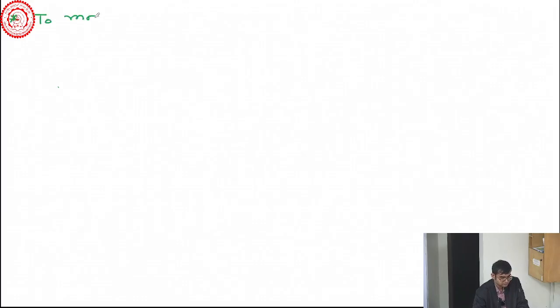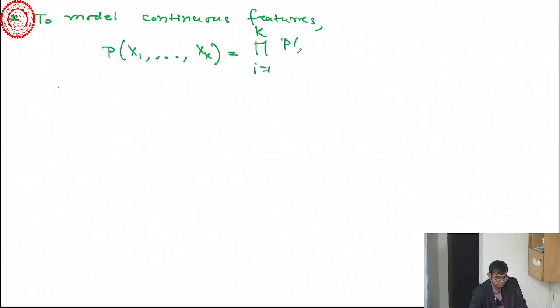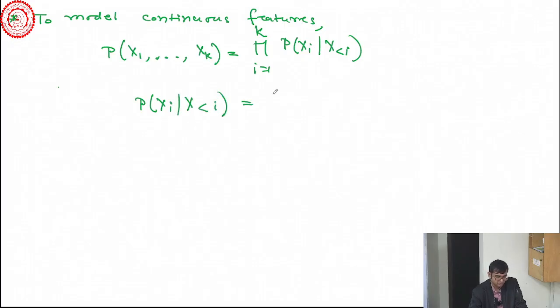To model continuous features, your probability of x1 to xk is equal to product of i equal to 1 to k, p of xi given x less than i, right, where p of xi given x less than i is modeled as a Gaussian, or rather mixture of Gaussian, sorry.